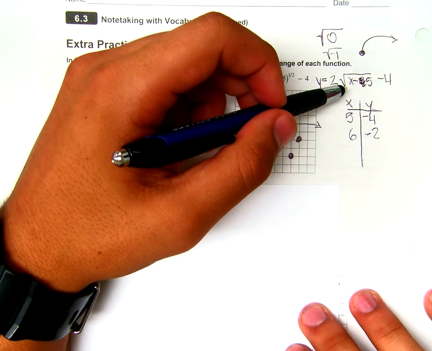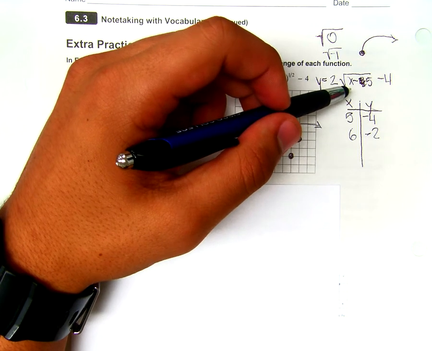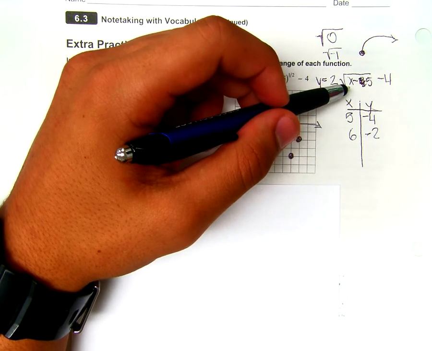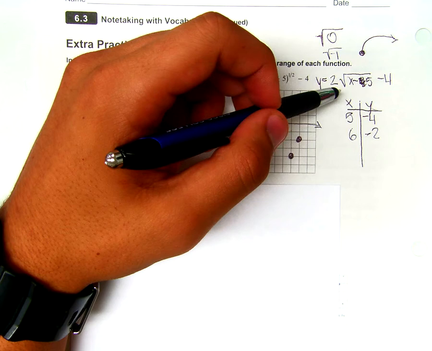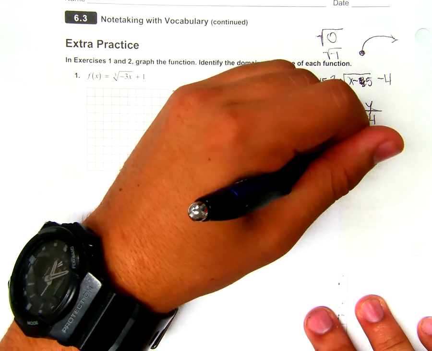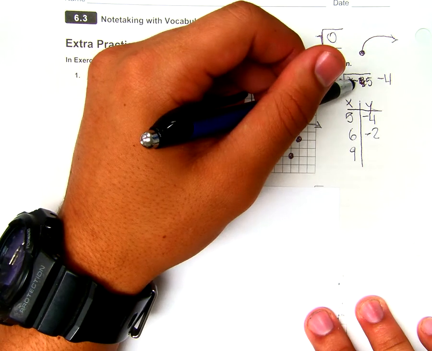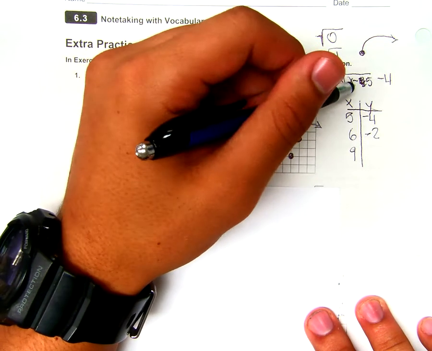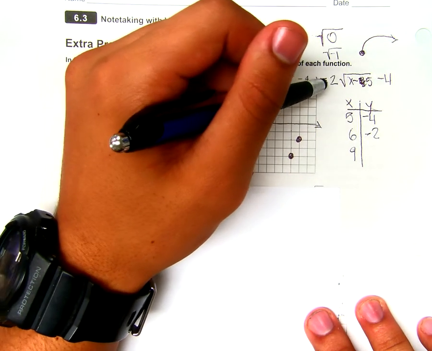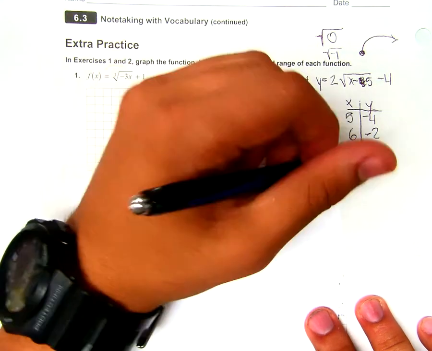If we try 8, 8 minus 5 is 3. The square root of 3 is still not a nice number. So what about 9? 9 minus 5 is 4. Well, we know the square root of 4 is 2. So let's plug in 9. 9 minus 5 is 4, and the square root of 4 is 2. 2 times 2 is 4. And 4 minus 4 is 0.